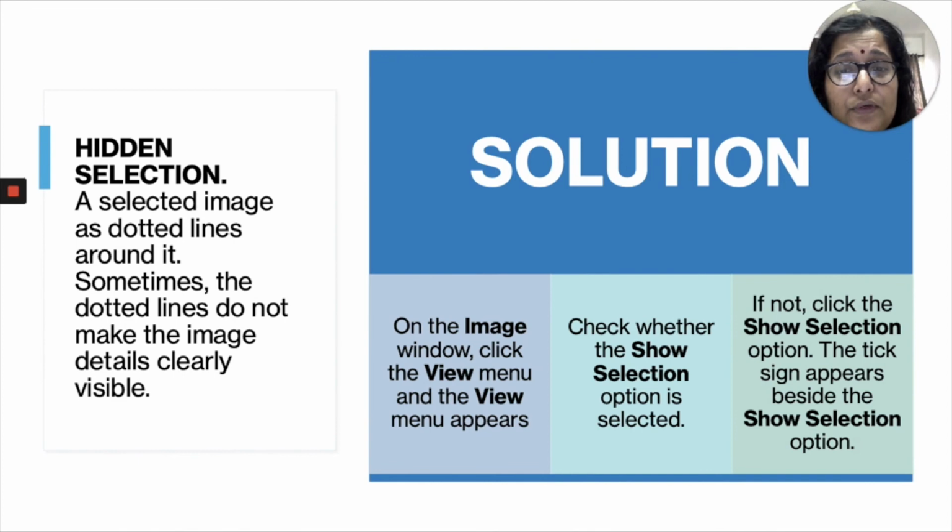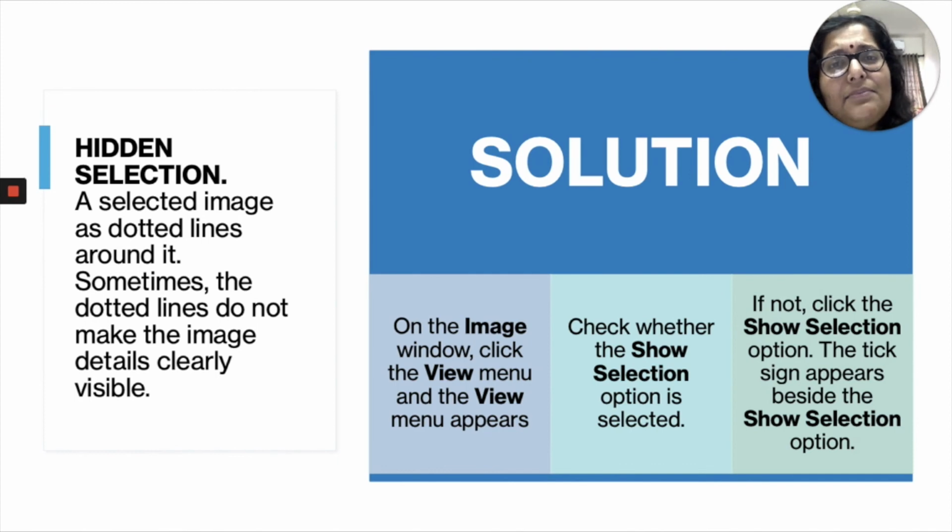On the image window, click the View menu. Check whether the Show Selection option is selected. If not, click the Show Selection option. The tick sign appears beside the Show Selection option.